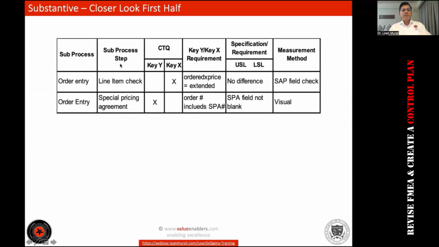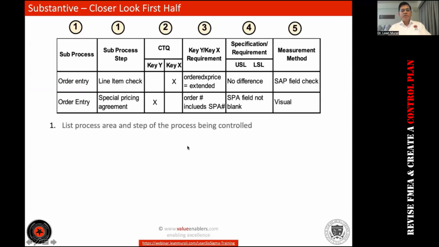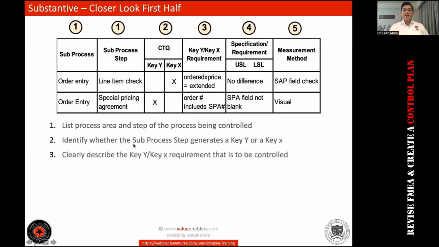If I take a closer look at the first half, I have put a number 1, 2, 3 here. One is you list the process step by step. If you're making coffee, what are the processes in making the coffee? List the steps one by one. And then under the steps, what are the sub steps that are there? You list that. Then in those sub steps, what are the critical to quality characteristics you are going to adjust?